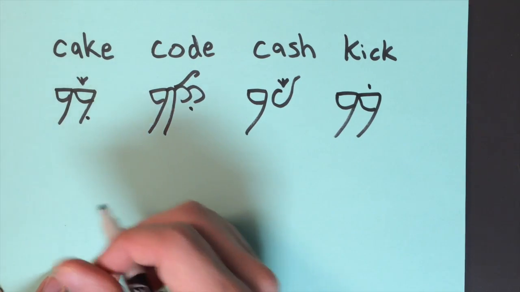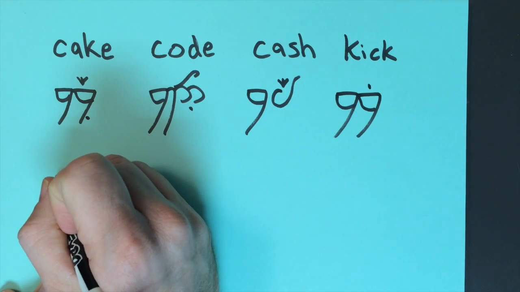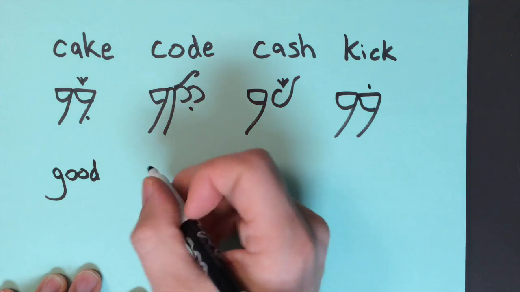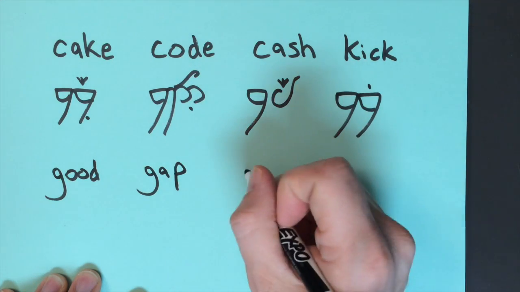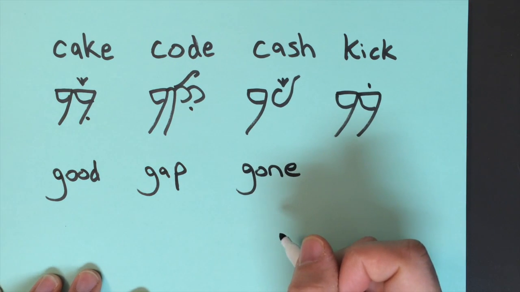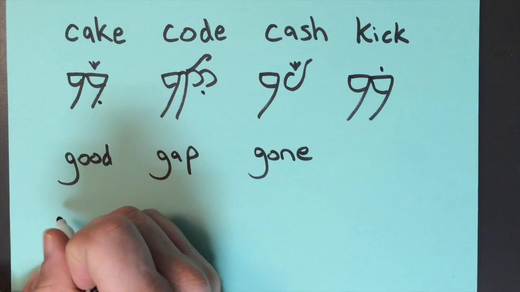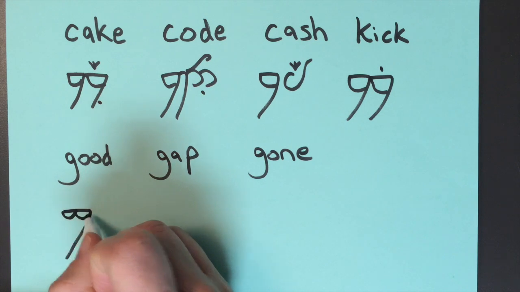Alright, the next set of words we're going to do are the G's. So we're going to go with good, gap, and gone. Alright, so let's do those. To do the G, you draw it down like that, one loop, two loops.